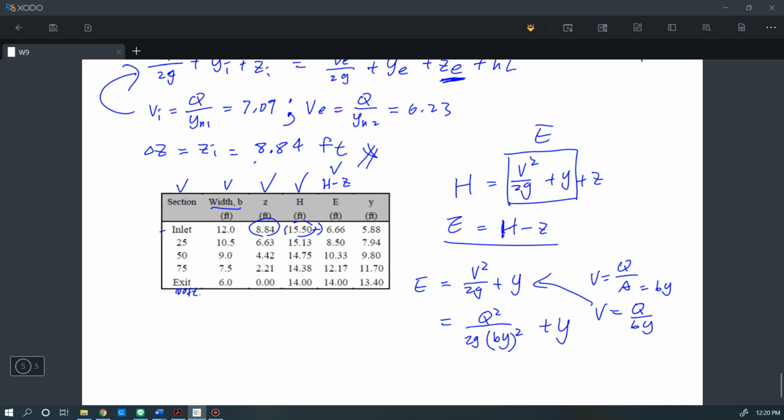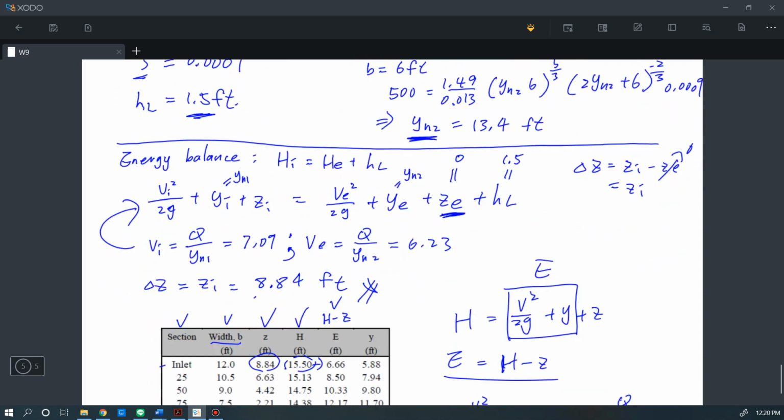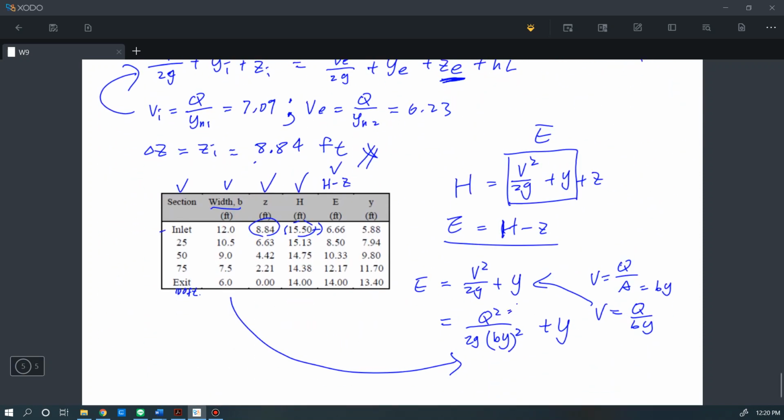And you can plug in the B from this column, and the flow rate is a fixed value that is equal to 500. And we also know the E, the specific energy. So the only unknown variable is the water depth, this Y here. So you can just solve this Y for different distances. Then you get the final column of this table shown here.